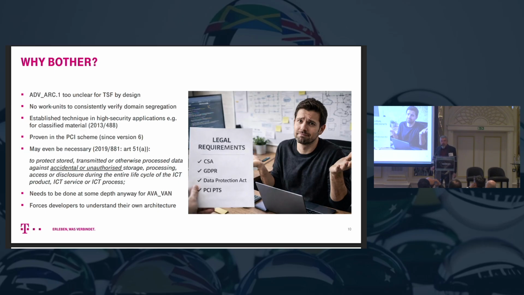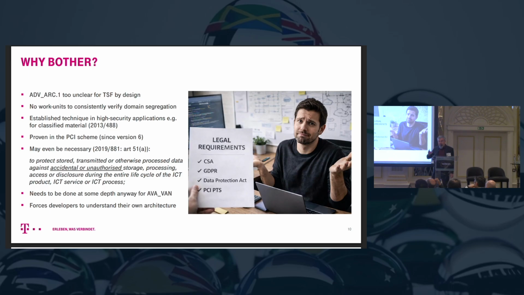So why should we care? It's always the most important question. Of course, there's the formal issue: when we do ADV_ARC.1, it is actually too unclear if we do some TSF by design. And there are no work units which consistently verify domain segregation. So this is something where common criteria actually lacks something.